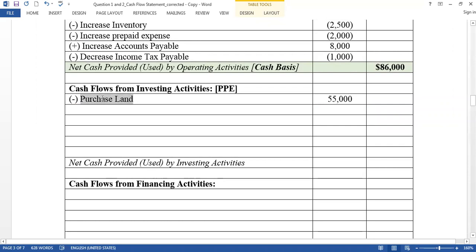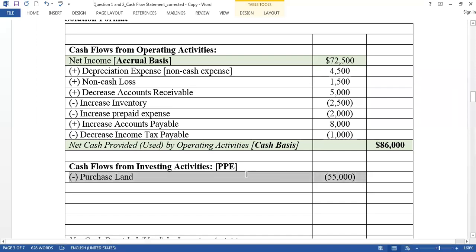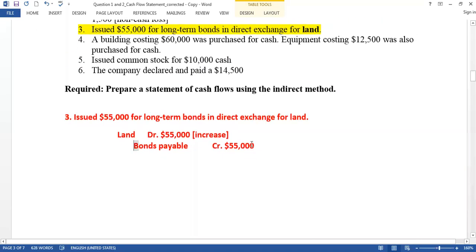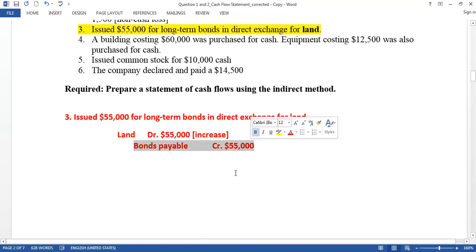Usually when we buy land, we pay our cash, right? But if you do this for this transaction, it is our mistake. Why? Because although we buy land, we did not pay any cash.